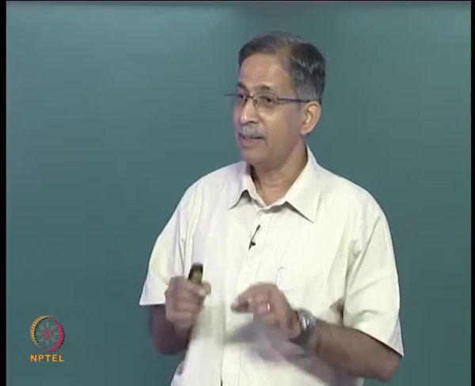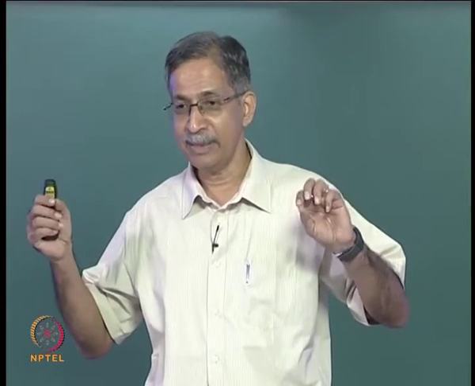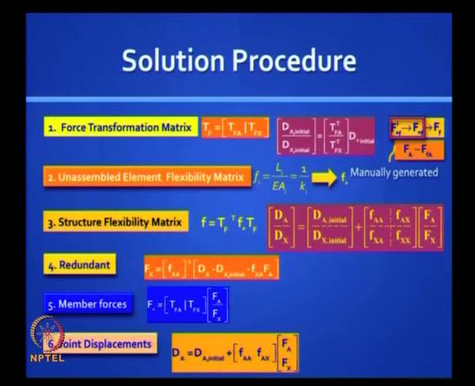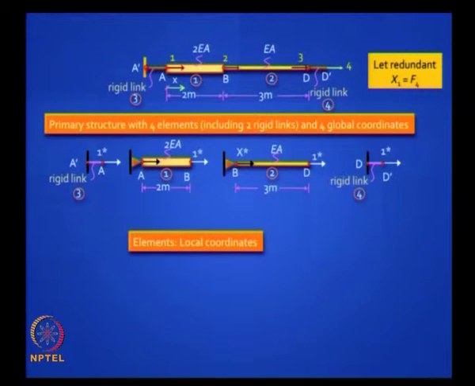And if your fixed end forces are not constant in your element, you can't even do a matrix transformation, you have to do it manually. So those are the limitations of flexibility method. The rest of the procedure is exactly the same, no difference. Okay, now take a look.